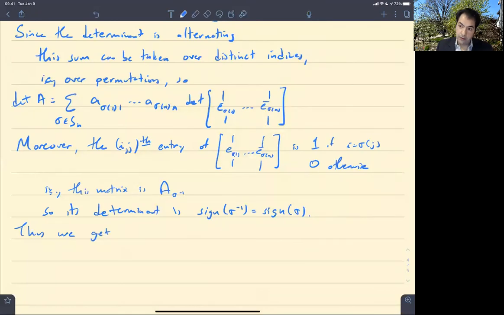Thus we get the formula we want. Okay, and we'll stop there and pick it up from there next time.